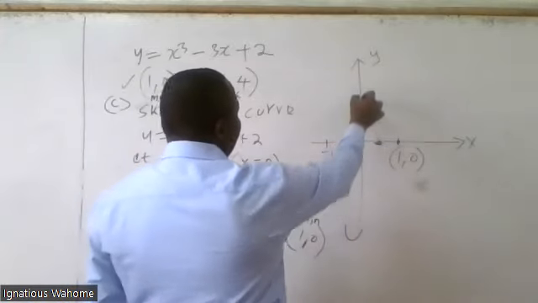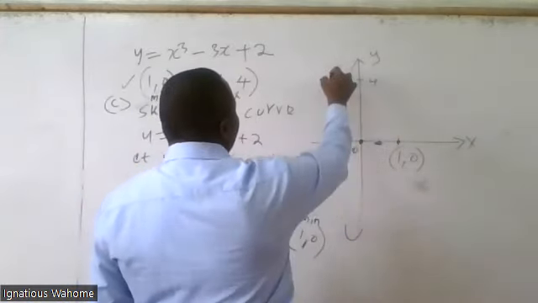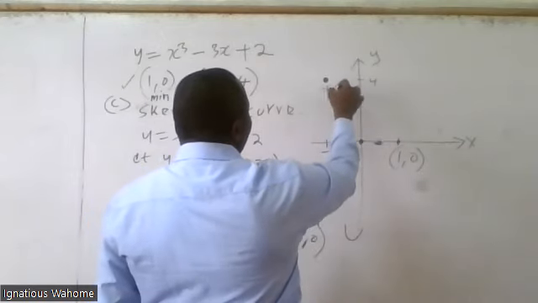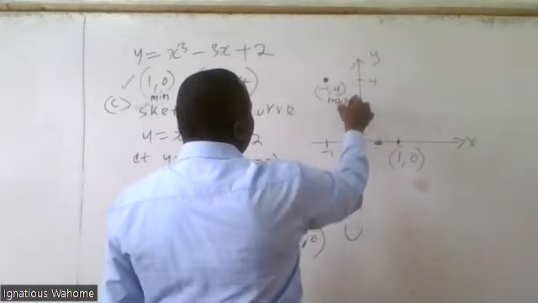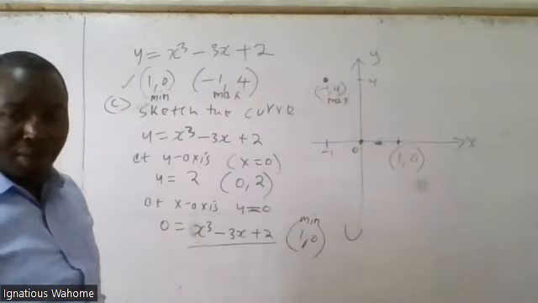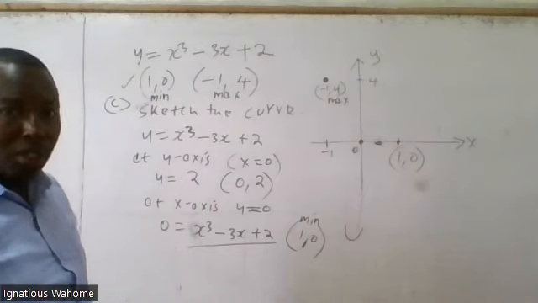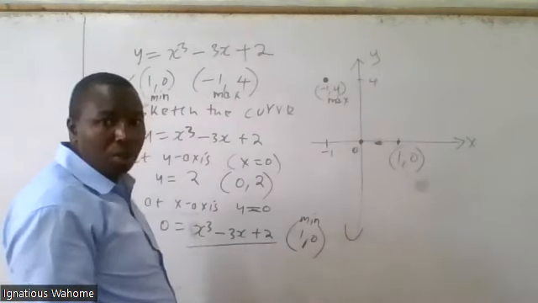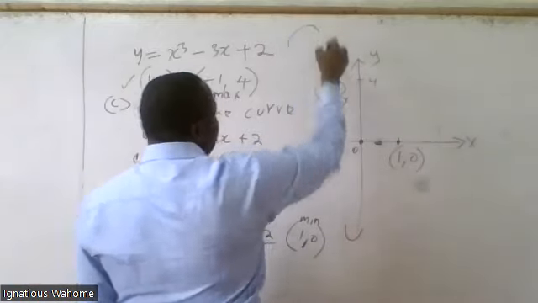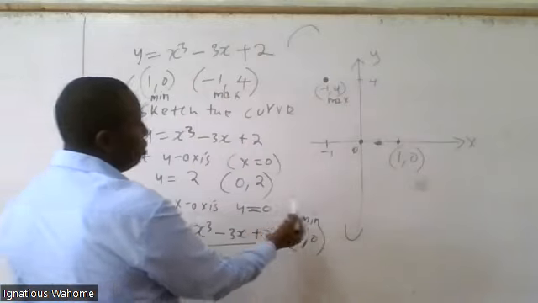(-1, 4) is a maximum point. Is that true? Yes. So it will move like this. And then the last one is (0, 2).